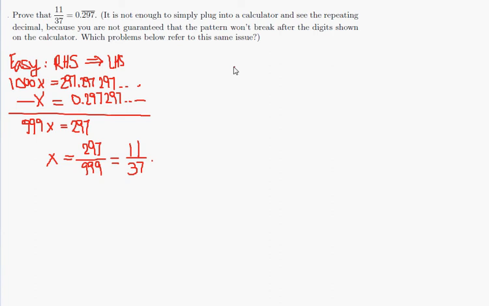So let me just write that down: 0.297 bar, from a theorem that we have in class, is equal to 297 divided by 10 to the third, because the repeating block has length 3, minus 1. And from there we can cancel out and get 11 over 37 again. So that is another thing we can do.